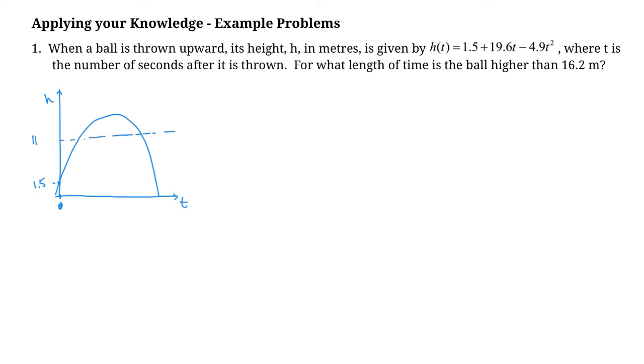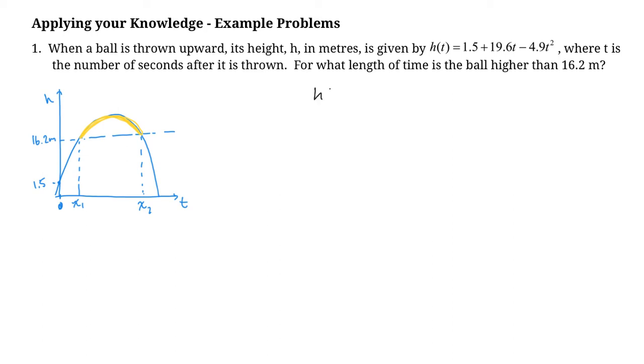Okay, this is the height of 16.2 meters, and we're looking for these x values because we want to know what is the time frame between these two x values where the height of the ball is actually higher than 16.2 meters. So we gotta solve this algebraically.